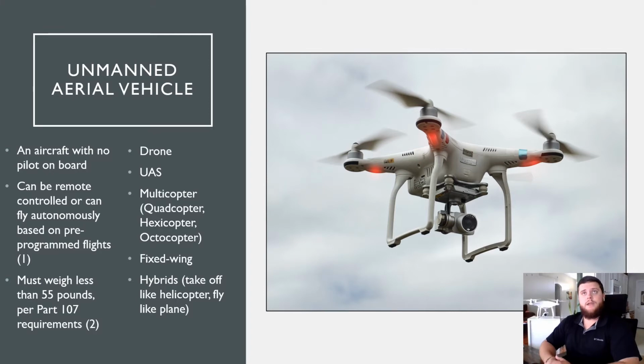So think of that as an airplane. And we have hybrids. Hybrids, also referred to as VTOLs, vertical takeoff and landing. Those I would like to think of as the military aircraft, an Osprey. So they take off vertically, those props tip over, and this flies like an airplane.